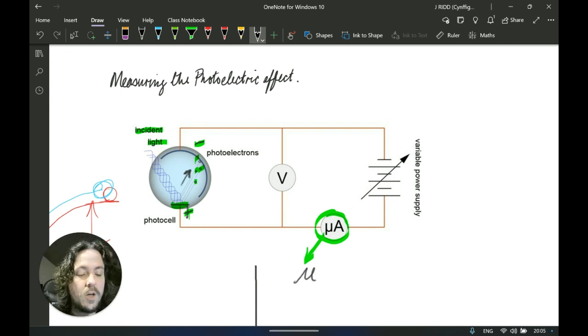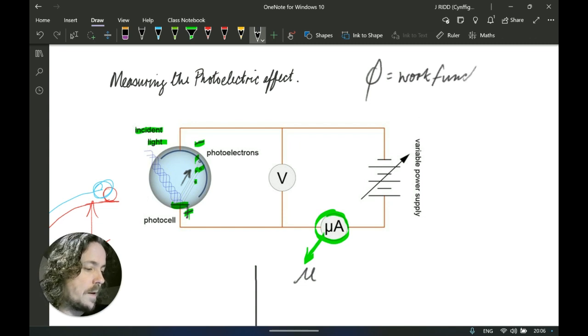Now, here's the thing. If we're measuring the photoelectric effect, we'd love to be able to work out things like how much energy is required for these electrons to be liberated. We call this the work function, and it has the symbol psi. I'm going to mention this a lot.